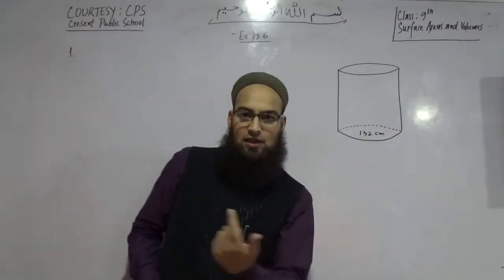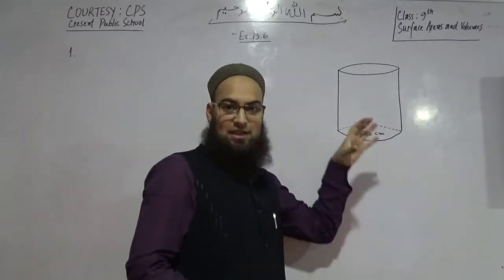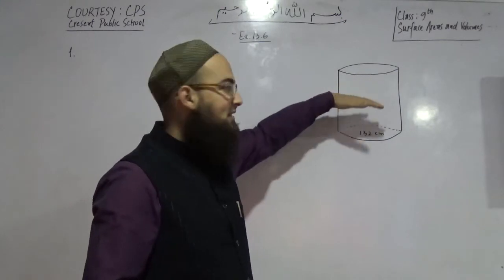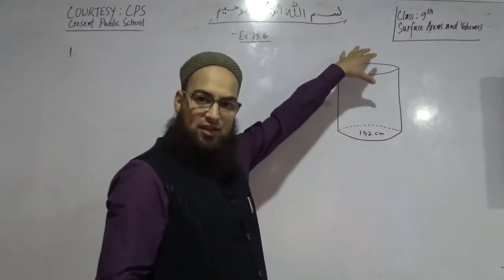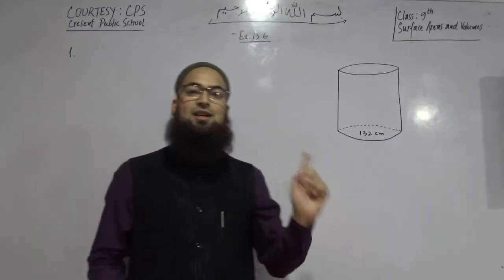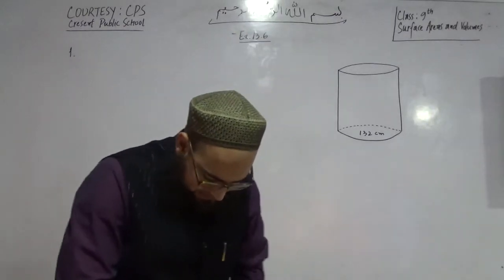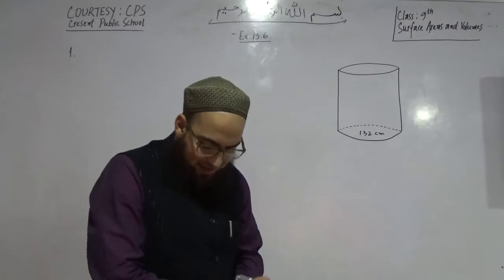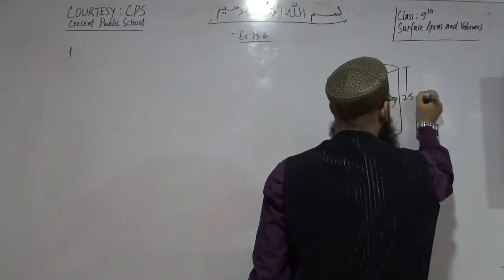As far as a cylinder is concerned, you have an upper base and a lower base, both circular. So the circumference of this lower circle is the circumference of the base. And its height is 25 centimeter.